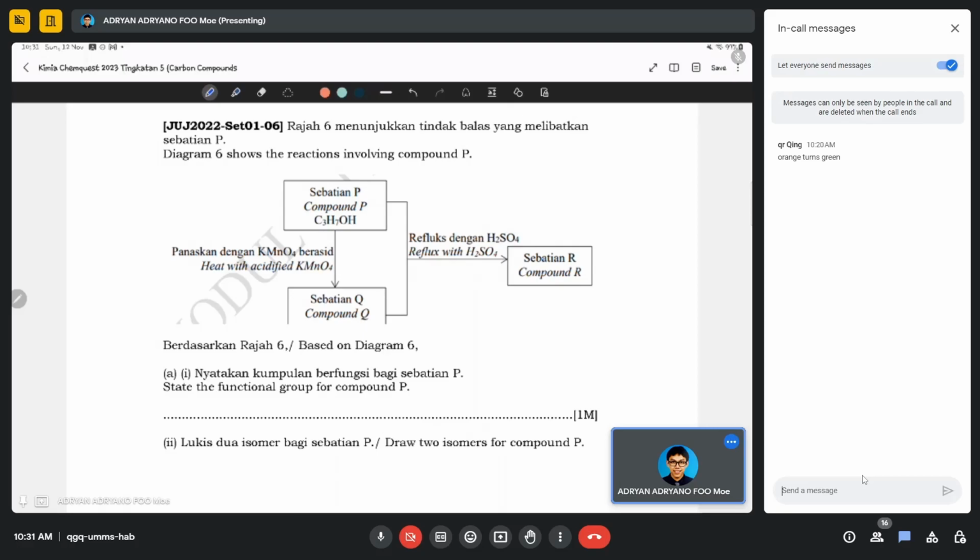Okay, we look at the question first. Reaction involving compound P. So, compound P is an alcohol. 为什么我一看就知道是 alcohol? OH. 一看到 OH 你不用想多 alcohol. Okay?